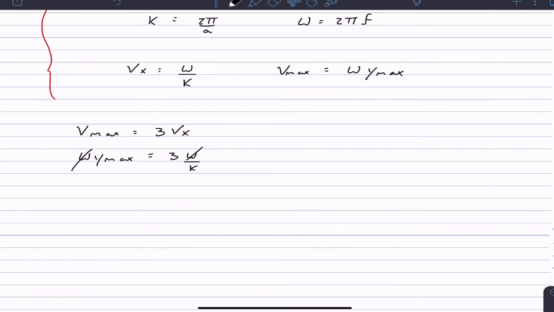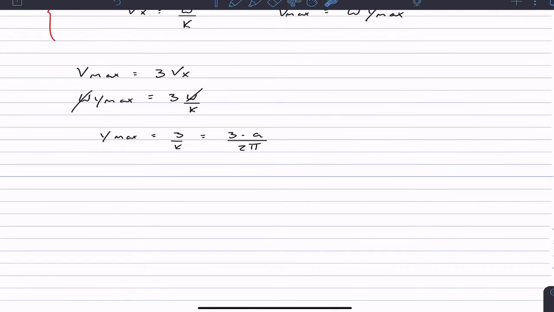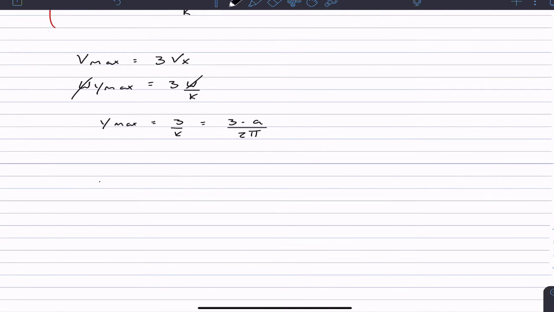So now we have y max is equal to 3 over k, which is equal to 3 times a over 2 pi. We want to find a. That's the whole point of this. So now a is equal to 2 pi over 3 y max. And that's the answer.